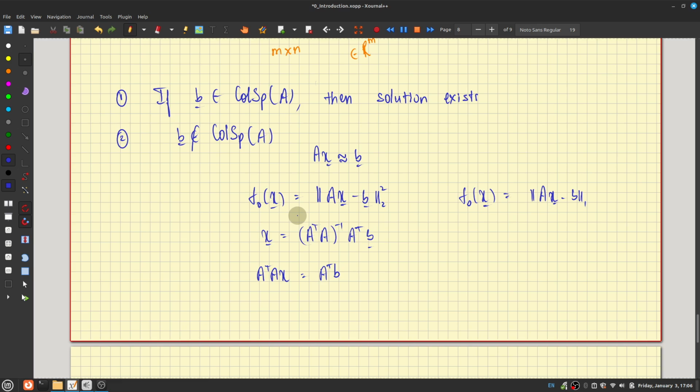It's a length square. It's basically a quadratic. So this is an example of a quadratic program. And it's also an example of an unconstrained optimization problem. There are no constraints in this case.